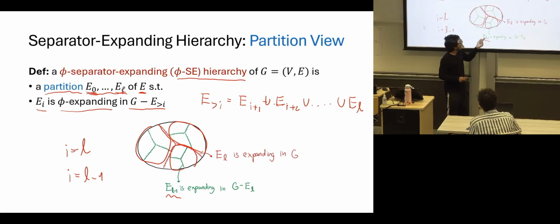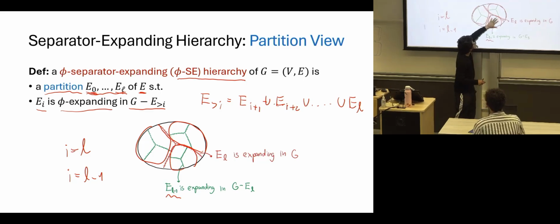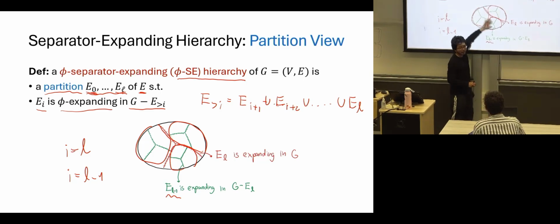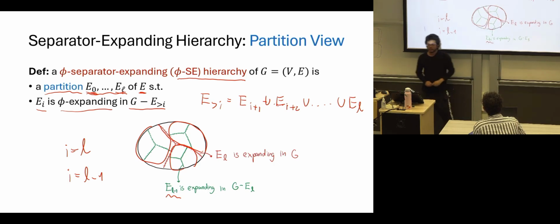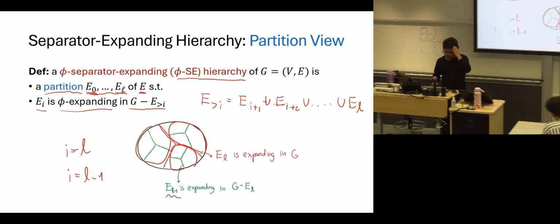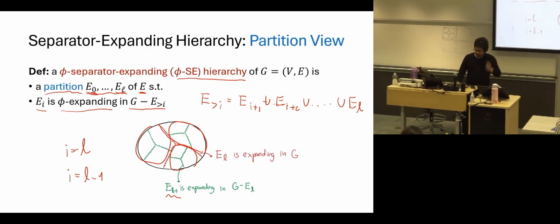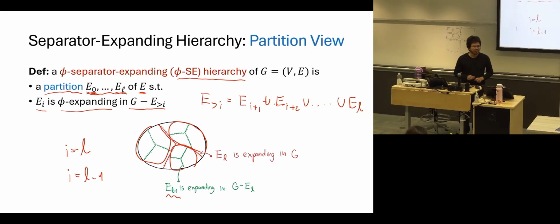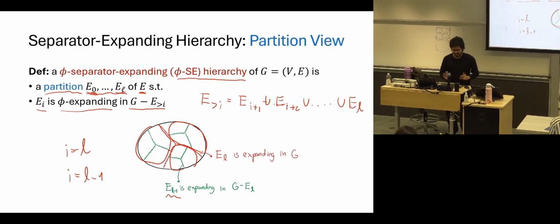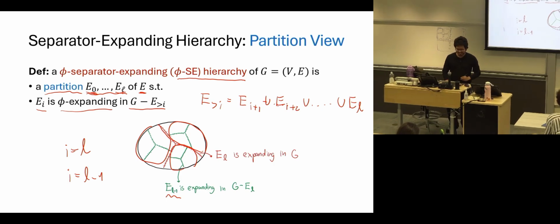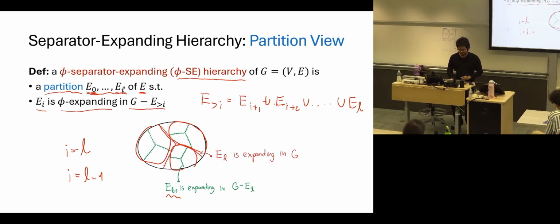This thing forms a separator for every component of level L minus 1, and it's expanding in each component. Does it make sense? This is a new concept. We're going to use it soon, maybe not today.